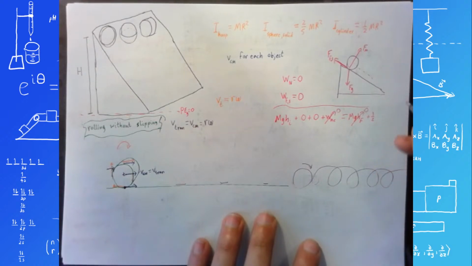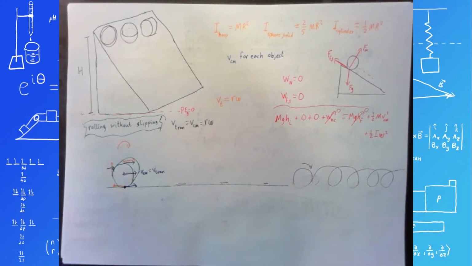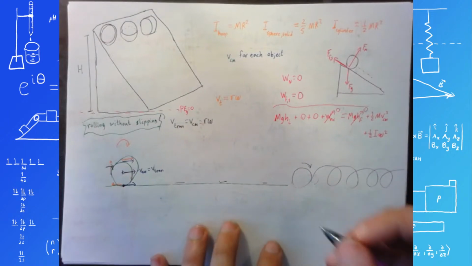Plus 1/2 m VCM squared plus 1/2 I omega squared. That'll be the equation for each of our 3 objects. So if I go ahead and make my substitutions, I'm going to do one for the hoop, one for the sphere, and one for the cylinder.